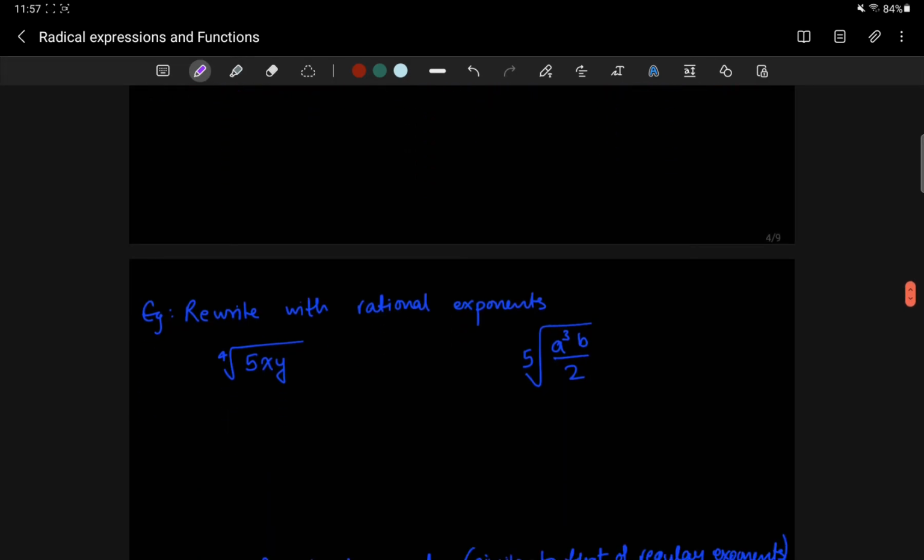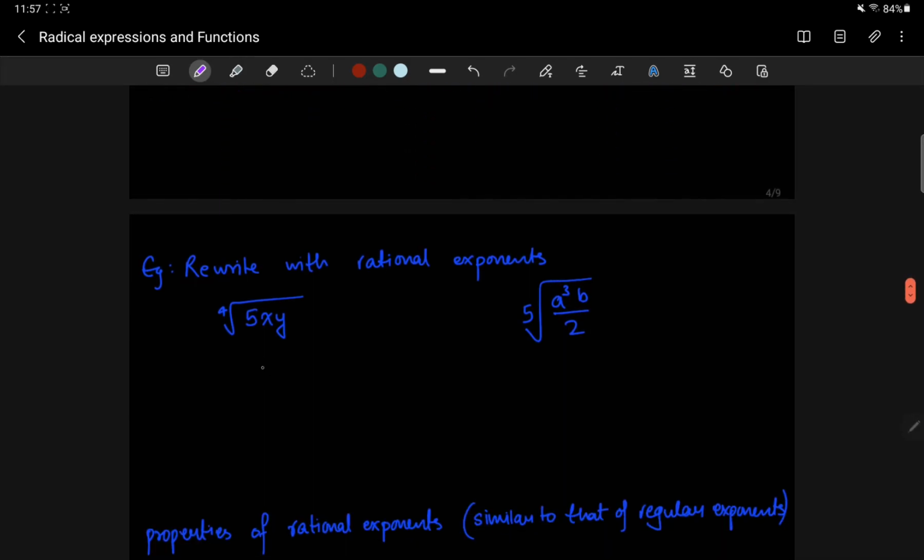The other way around, we write with rational exponents. This would be 5xy. This is the fourth root. So since it's the fourth root, that is an exponent of 1/4. So now we start having rational exponents or fractional exponents, which makes things better because it's more consistent with our notations.